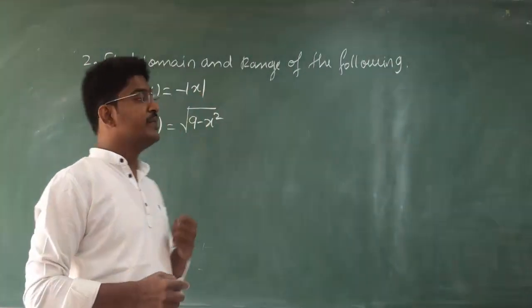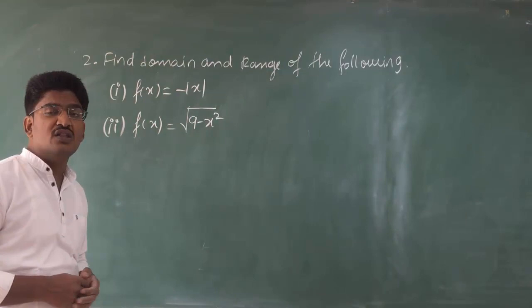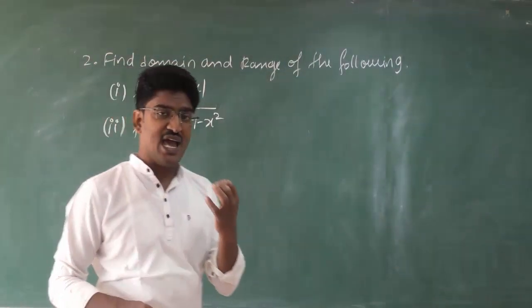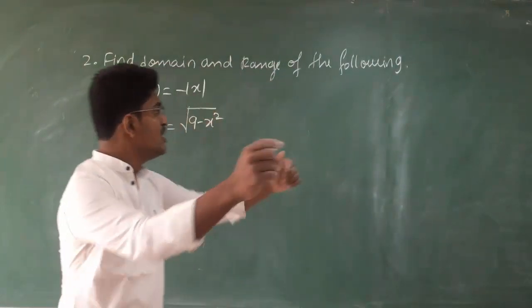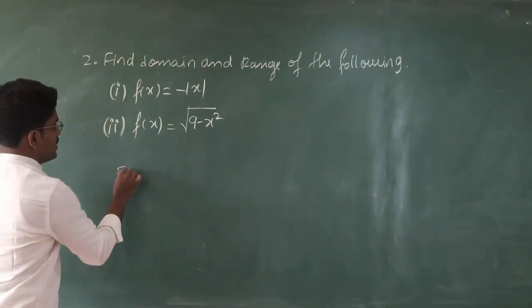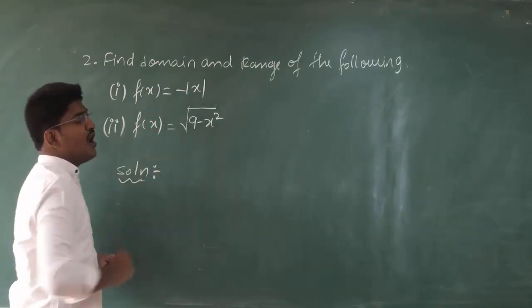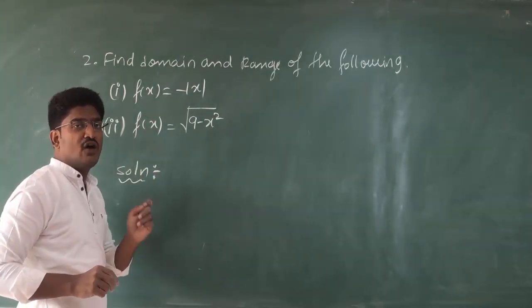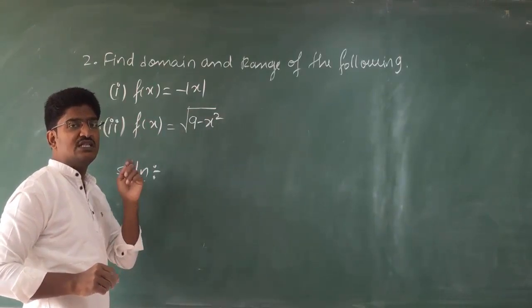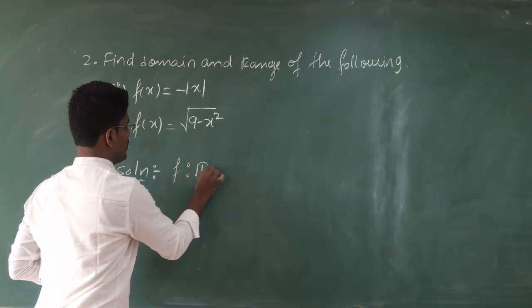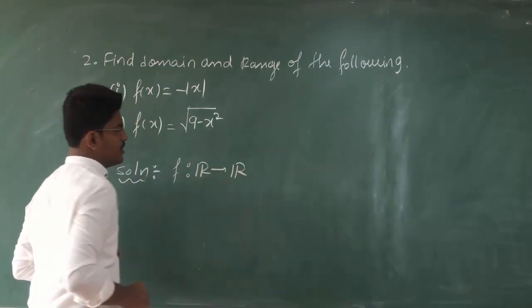because this particular problem takes more time to understand. Okay? So in this problem, what they are asking is to find the domain and range. Clear? So let us take the first one. See, these two are real valued functions according to our particular chapter. So that's why f is always from real numbers to real numbers.